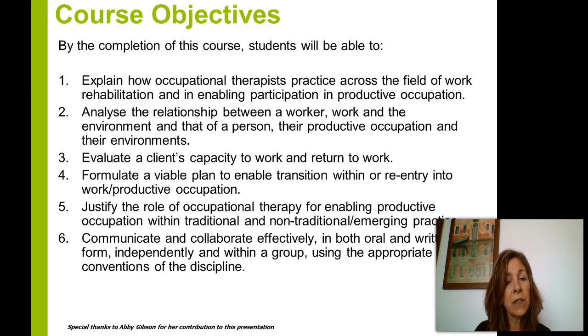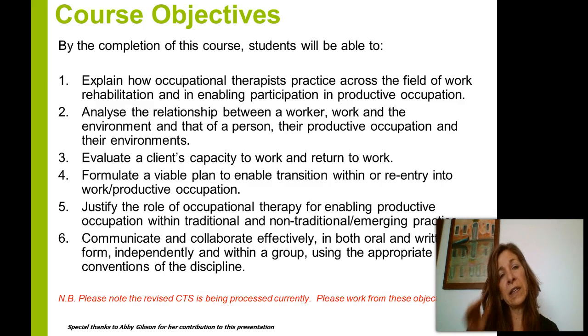And ultimately, you're going to learn in this class how to communicate and collaborate effectively, or build on the skills you already have of that, both in oral and written form, independently and within a group. And in this case, it'll be more of a pair when it comes to an assessment. And you'll be using the appropriate conventions of the discipline, which means you'll be making sure that your writing is coherent and concise and proofread well and uses the appropriate referencing of the APA, the American Psychological Association, 6th edition.